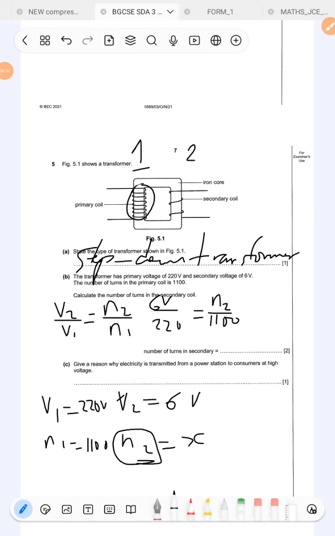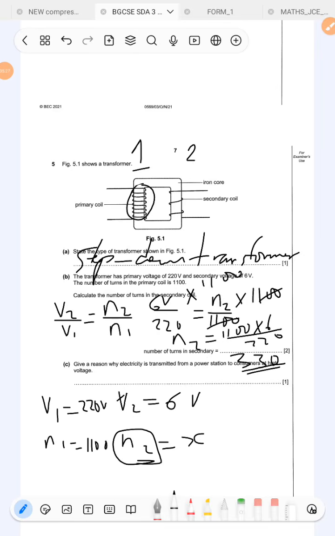So you multiply by 1100 on both sides, and therefore N2 is equal to 1100 times 6 all over 220. Then you punch that into the calculator and you get 330. Those are the number of coils, so they don't have units.